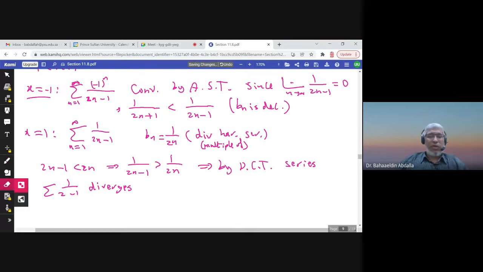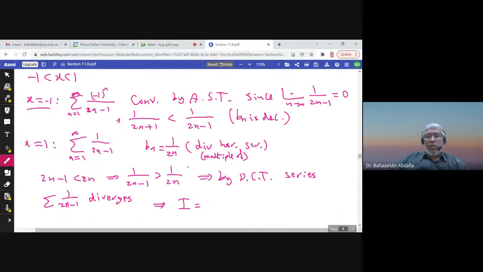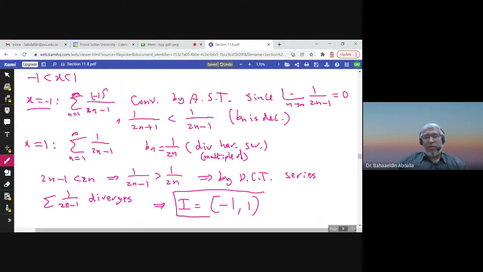Because this is what the direct comparison test says, greater than divergent is divergent. So at -1 it is convergent, at 1 it is divergent. And this is the interval of convergence.